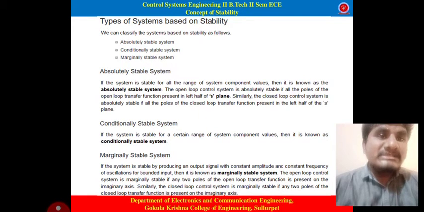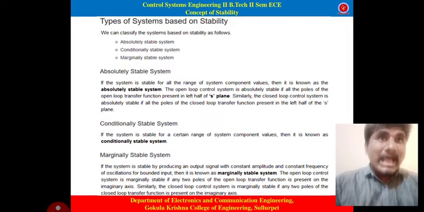And marginally stable. Usually, when you take an absolutely stable system and give it an input, most probably the output will become zero as t tends to infinity. A system has some output at t equal to 0, and later, because of the input excitation, the output may vary.